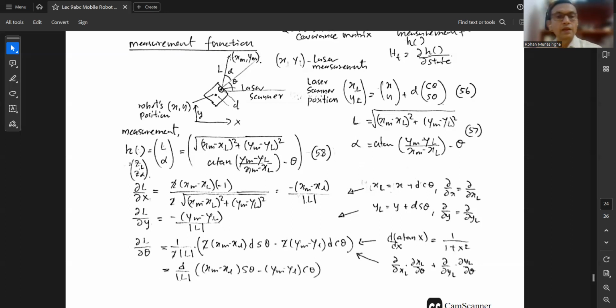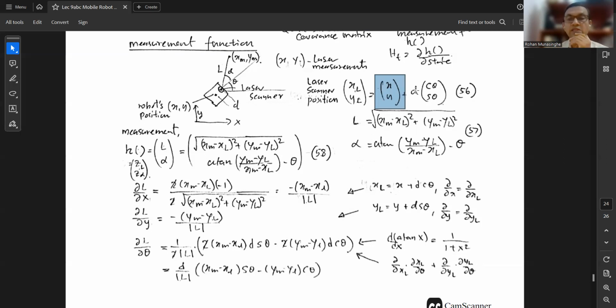Okay. So you can write down the laser scanner position XL, YL. XL, YL is the laser scanner position as the position of the robot XY over here. And you can see the laser scanner is a certain distance towards the front of the robot from the center of the robot.